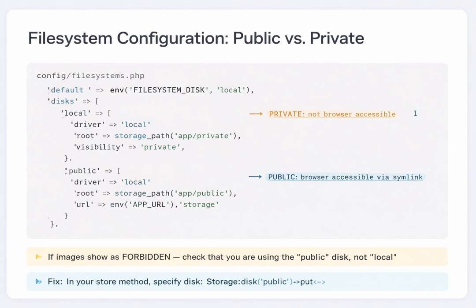The public disk stores files in storage/app/public and is marked as public, meaning files here are accessible through the browser via the symbolic link we just created. If your images are being stored on the local disk instead of the public disk, you'll get a forbidden error. The fix is to explicitly specify the public disk when storing files, using Storage::disk('public') in your controller.